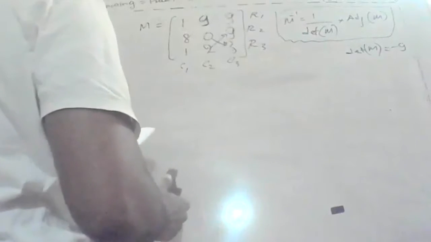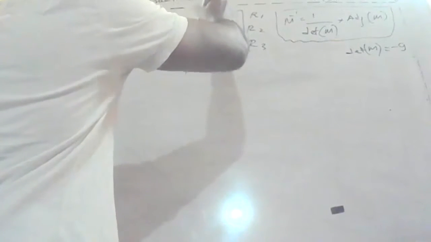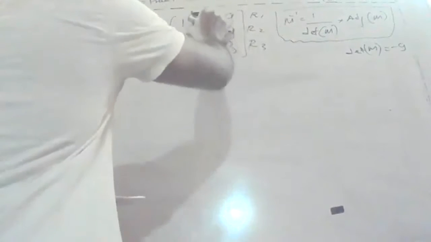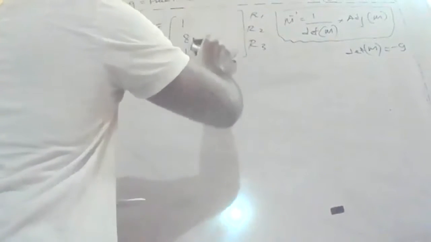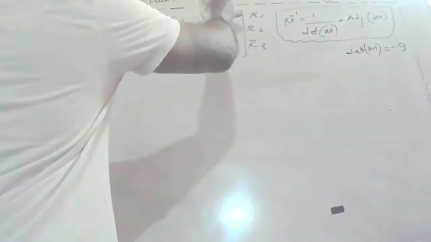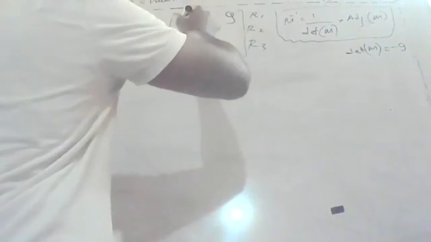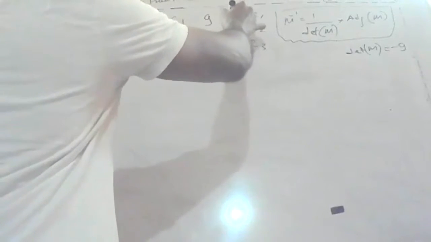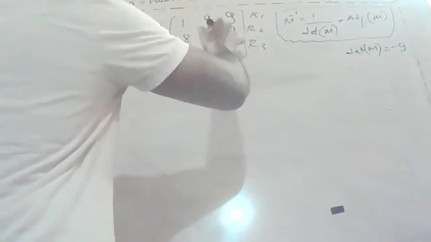I don't need these two pieces now. I will rewrite this again. This is not clear. 199. Okay, I will just write it. 199, 809, 1 2 3.